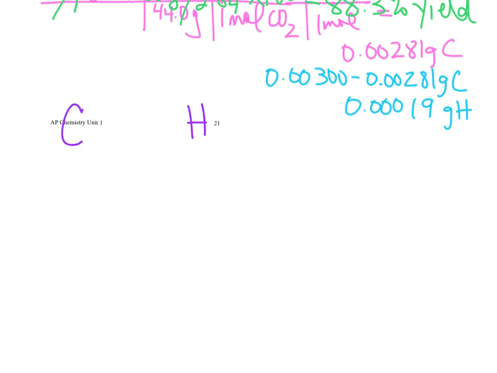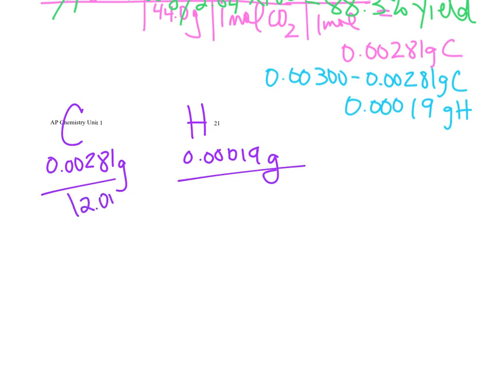So we know we have 0.00281 grams of this, and we know we have 0.00019 grams of this. When I divide by the molar masses to get moles, I get 0.000234.